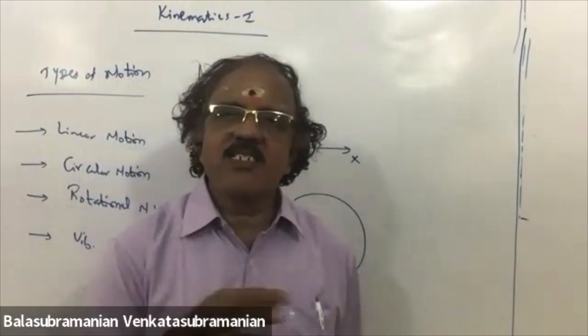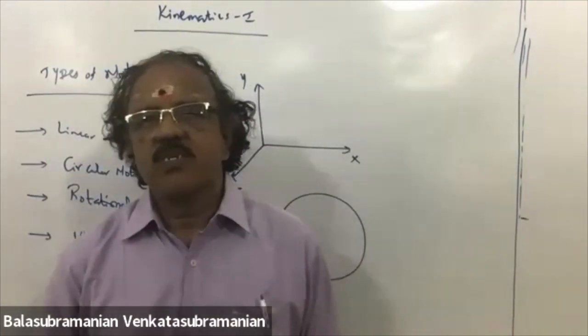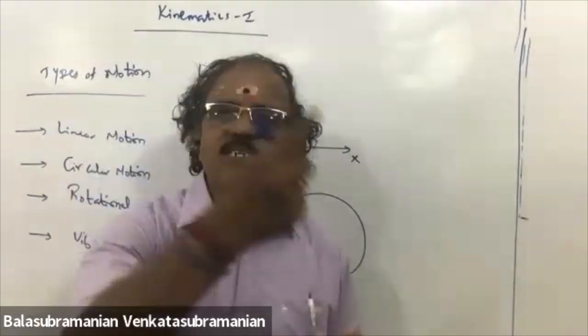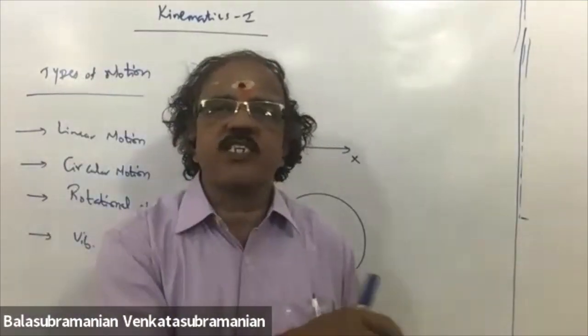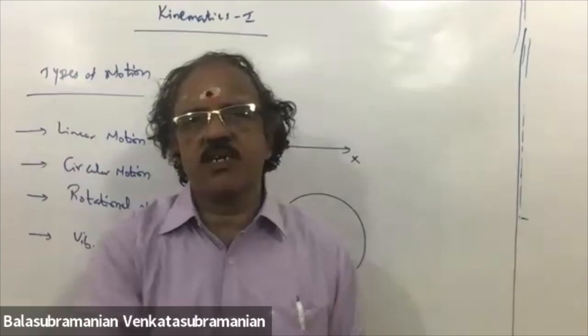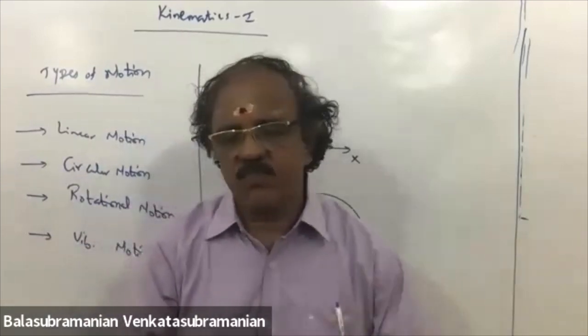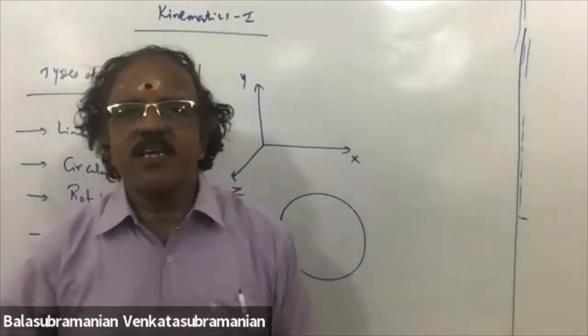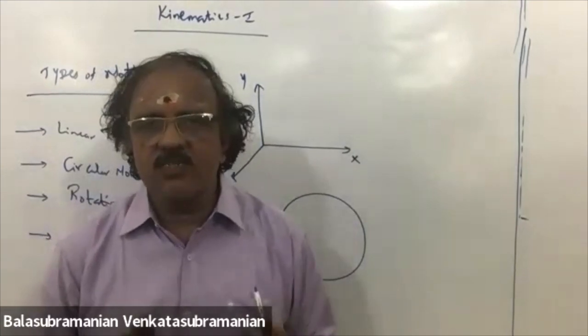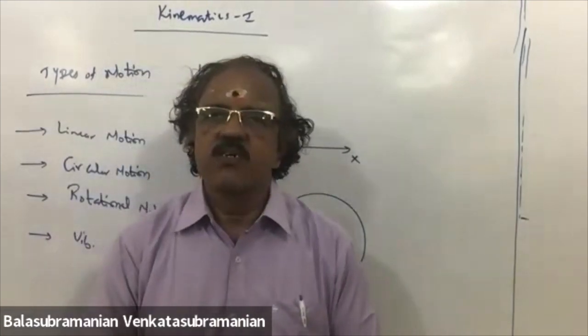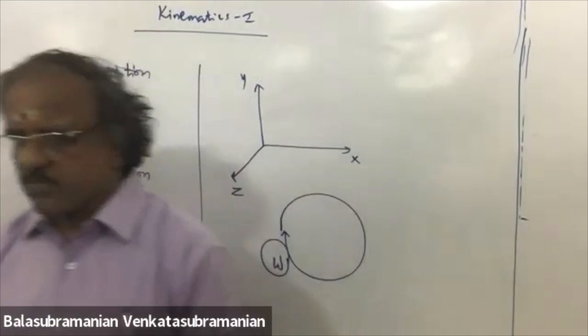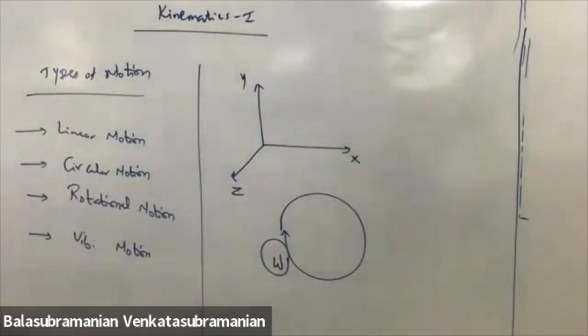What is the acceleration with which it is moving? In a circular path, what is the acceleration? What is the force it experiences? Everything should be counted; we will discuss that later. Centripetal acceleration, centripetal force, those concepts will come into the picture. That we'll discuss later.